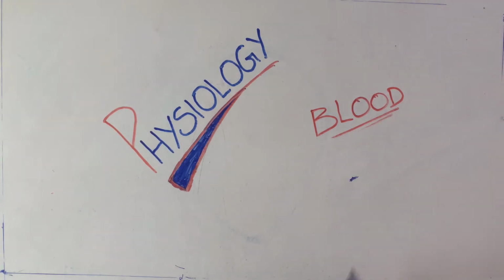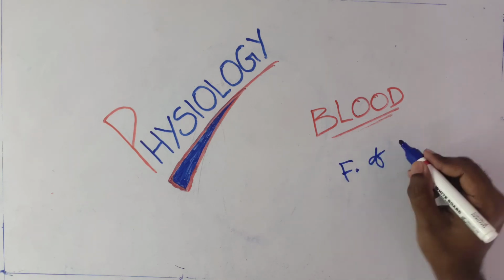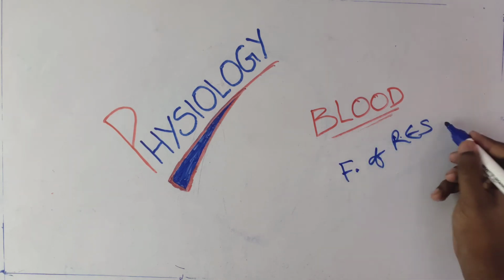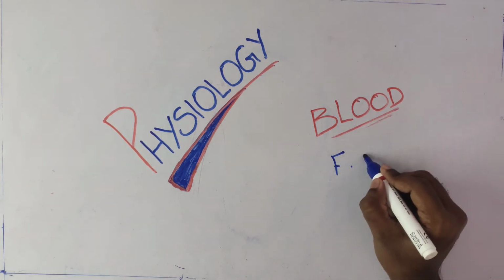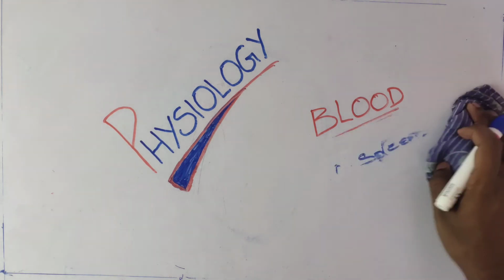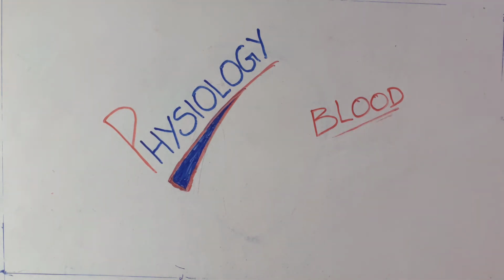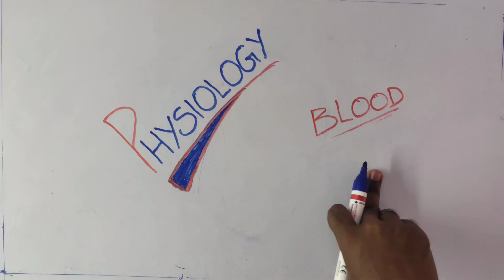Next, functions of the reticuloendothelial system. Next concept is functions of spleen. These are the important concepts related to blood. From these, the most important are properties of blood, composition of blood, and functions of blood.